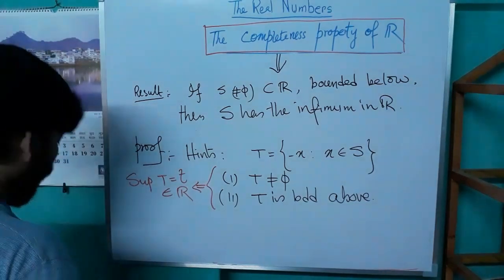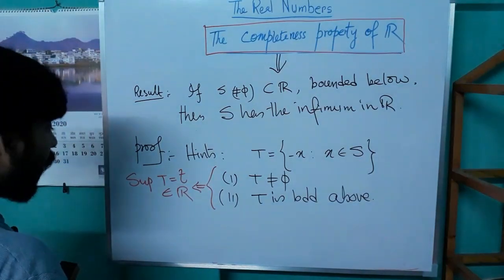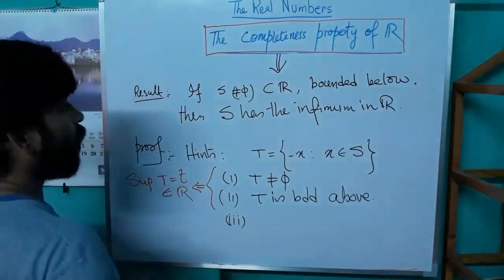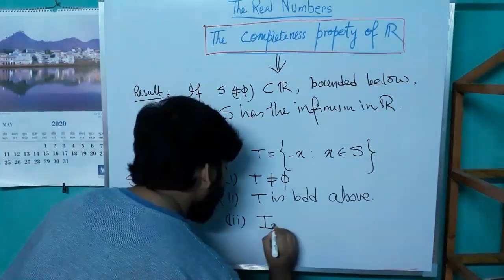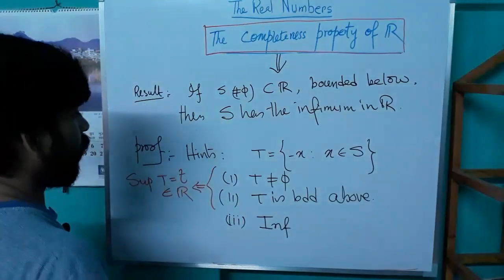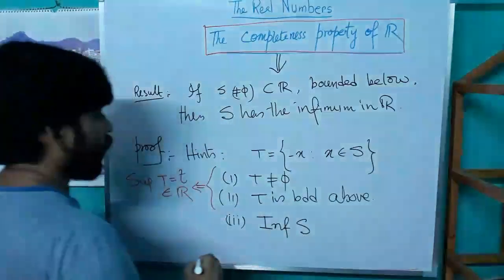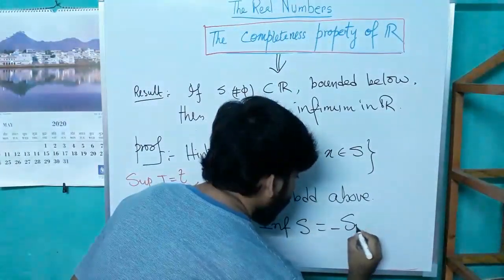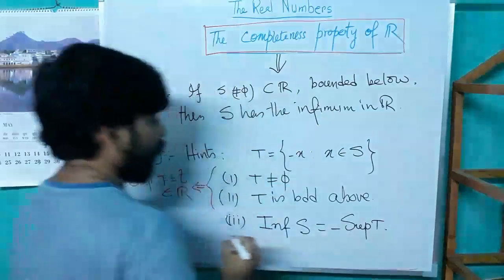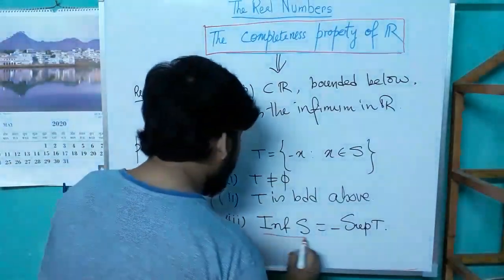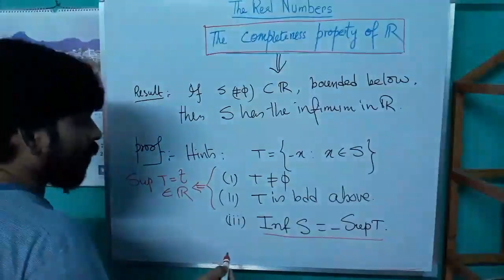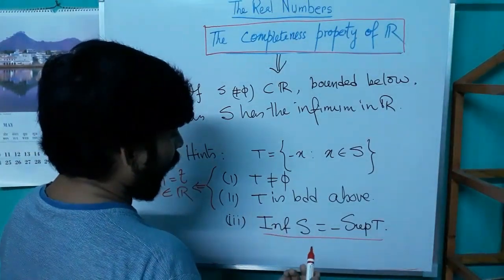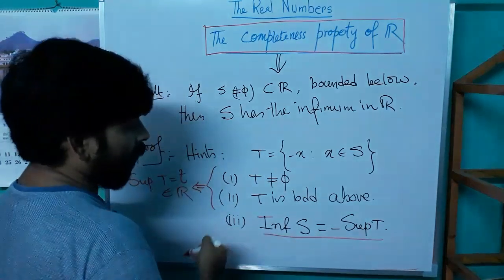Now our claim is that the infimum of S is nothing but the negative of the supremum of T. This can be done by using the alternative definition of supremum of S and infimum of T, and that definition was discussed in our previous lecture.